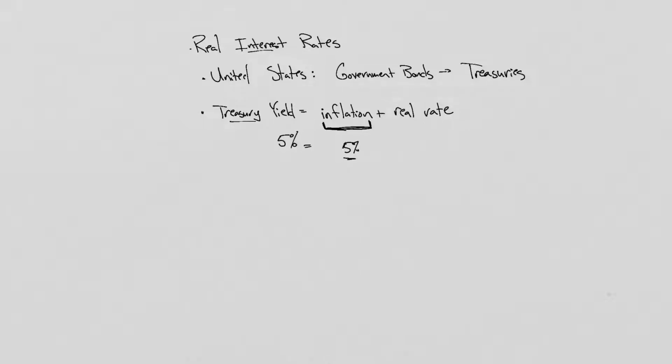Because if the investor doesn't receive at least 5% on this government bond, then they're effectively losing money because of their purchasing power being eroded. So they at least get that inflation amount.